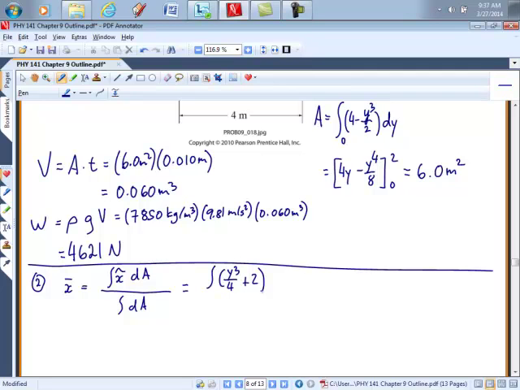Times my dA, which is the same dA we had before, 4 minus y cubed over 2 dy. Integral dA, I know, is going to give me 6 meters squared. All right, what do we do with this?